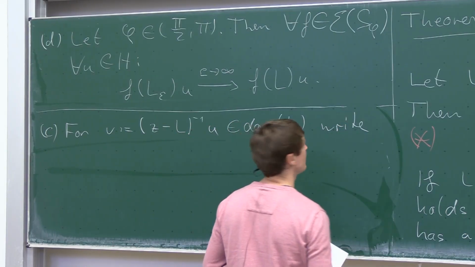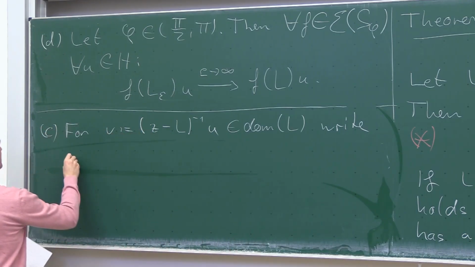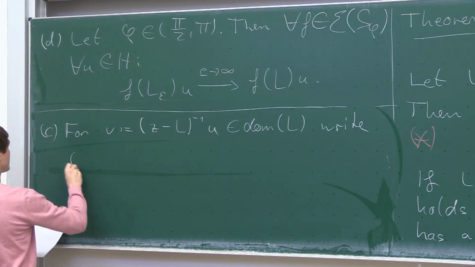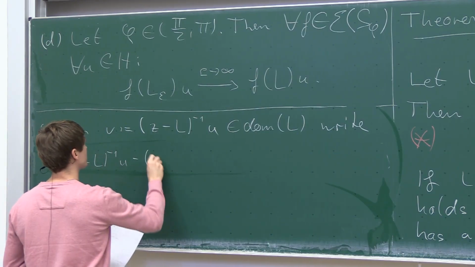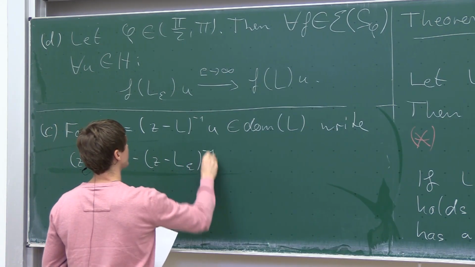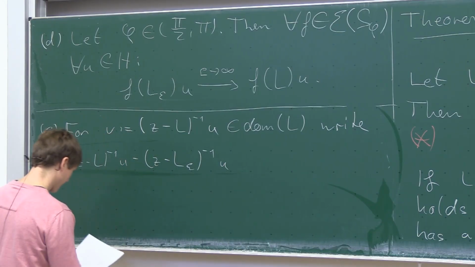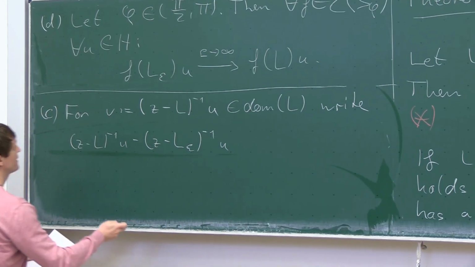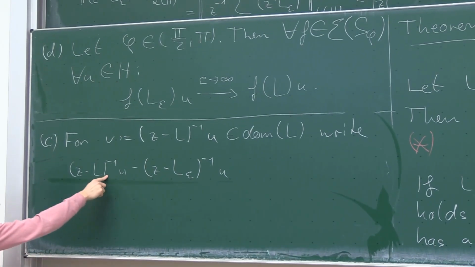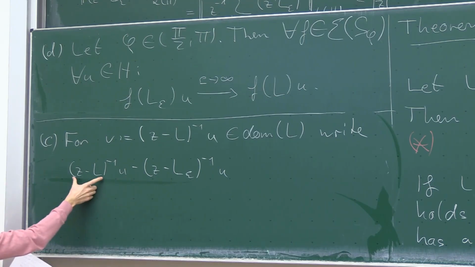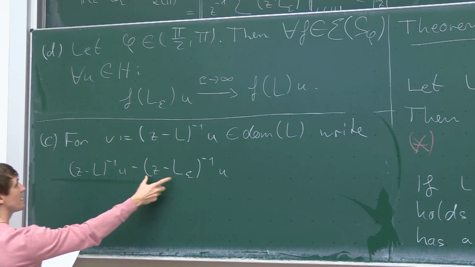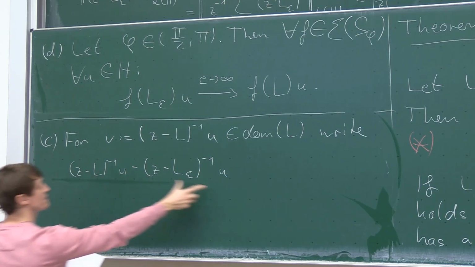And then we write the expression that we want to control, so the difference of the two resolvents. We write it as follows. We take first the resolvent of L, apply it to U, and then we take the resolvent of L epsilon and apply this to U as well. Okay, and now this is an argument which is performed quite often, that if you take the difference of two resolvents, you can pull the resolvents out, and I will take out this here to the left and the resolvent here to the right.